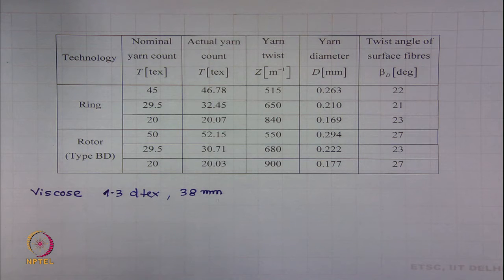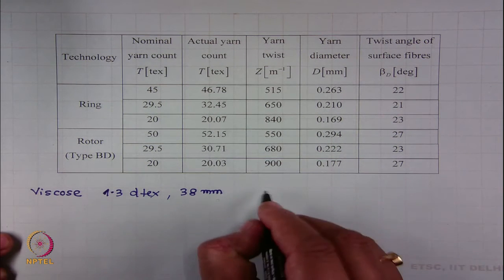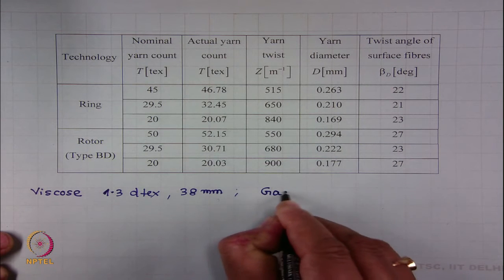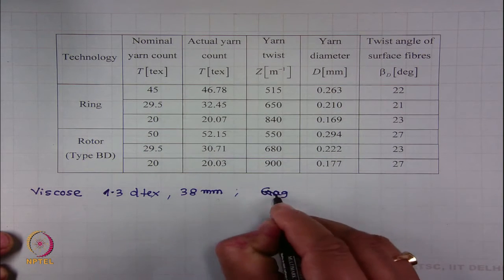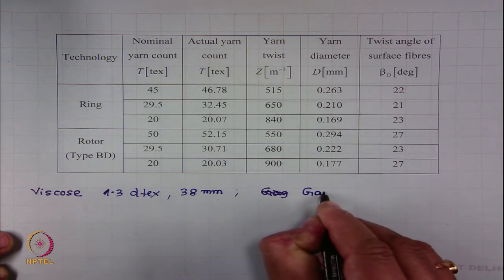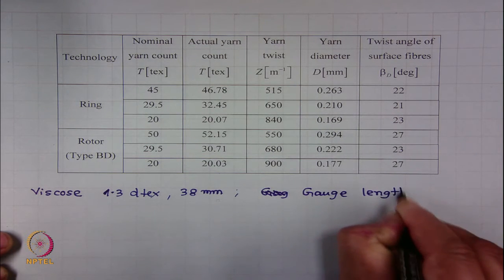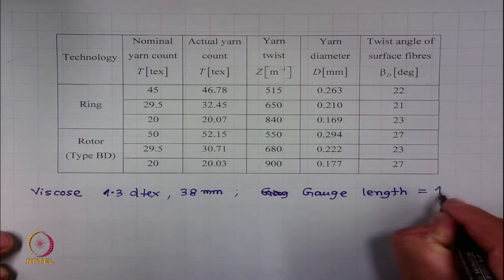So, this fiber was tested for stress strain curve, and we kept the gauge length at 10 mm.